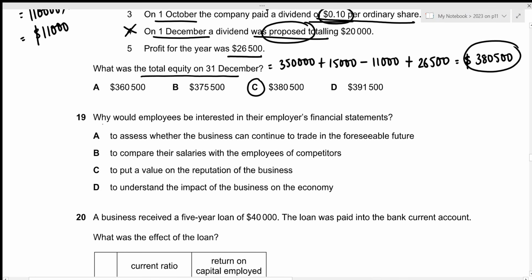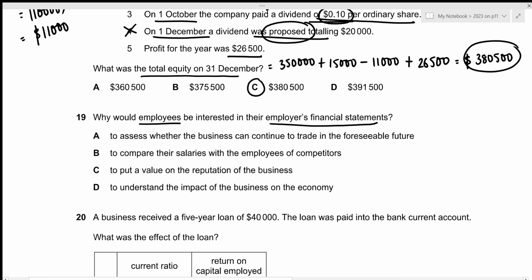Now for the 19th question, why would employees be interested in their employer's financial statements? So they will be interested in order to assess their job security, to see whether or not the business will continue in their operations so that they can be employed in that particular business in the future as well, right? That's the main concern.